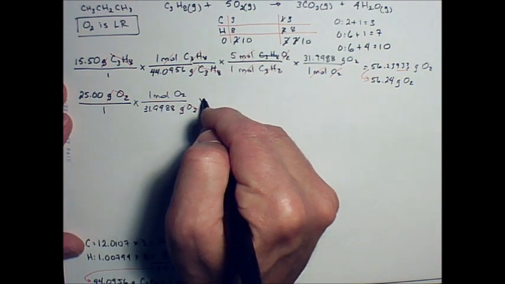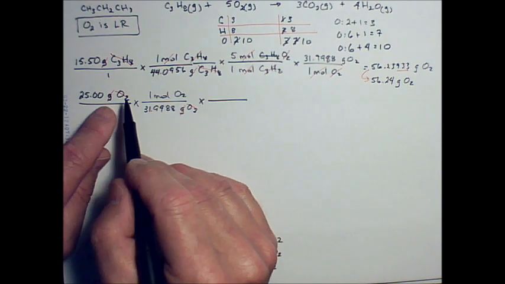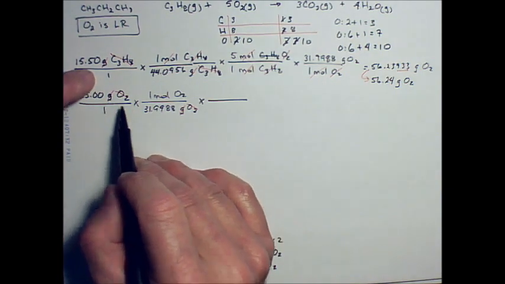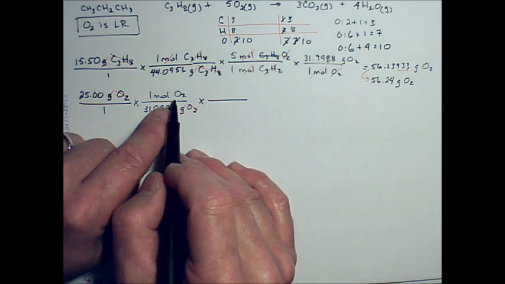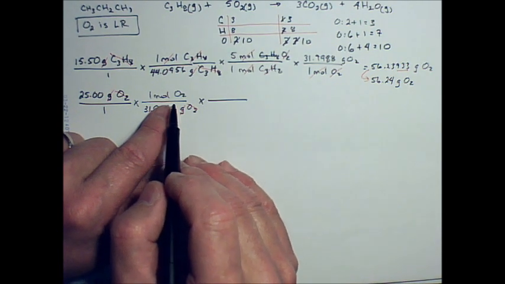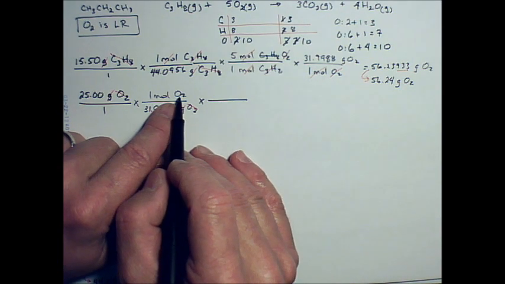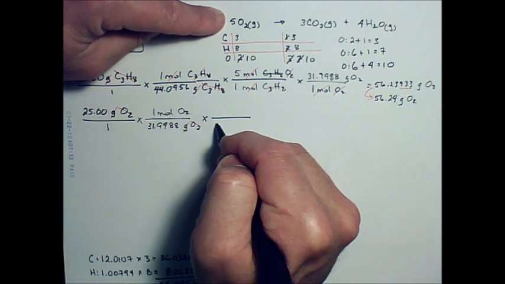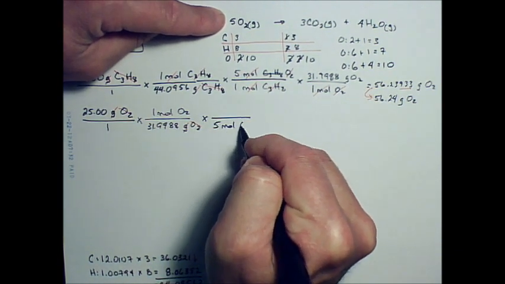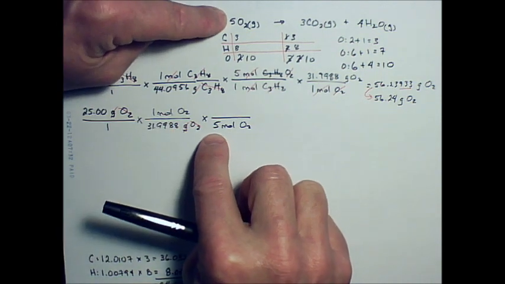Now I need a molar ratio step to go from one species to another. Remember, conversion units allow me to convert from one unit of measurement to another. Molar ratios is what you have to have to convert from one species to another. So I'm going to take the moles of O2 from the balanced equation, 5, and put that on the bottom here. So I'm matching units and species here, but this number came from the balanced equation.